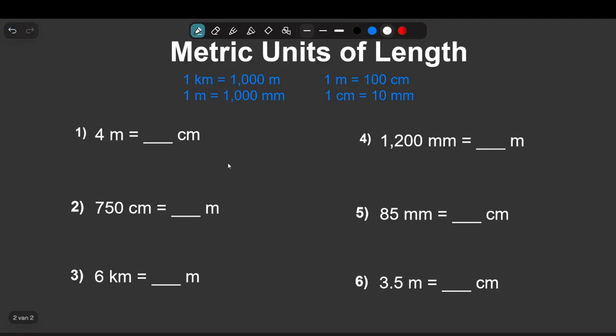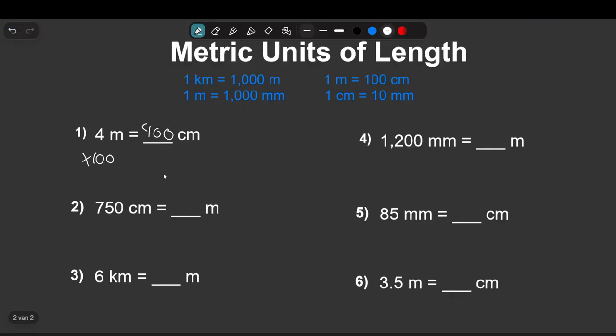You can see here 1 meter equals 100 centimeters, and we have 4 meters here. So we're just going to multiply this 4 by 100, like this, 4 times 100, and this will equal 400 centimeters. So 4 meters is 400 centimeters.